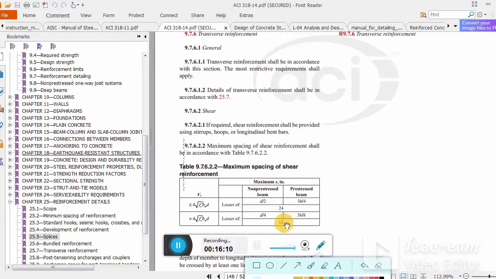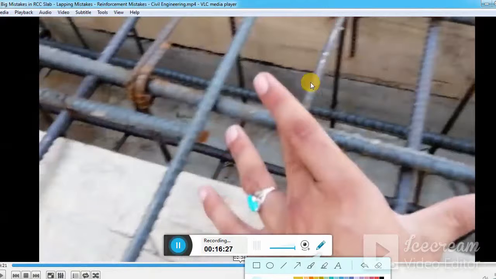I think so, 12 inches for d by 4. We need not allow spacing more than 12 inches. Now, if sometimes the spacing comes out to be more than 12 inches, we say provide 12 inches spacing through the beam section.